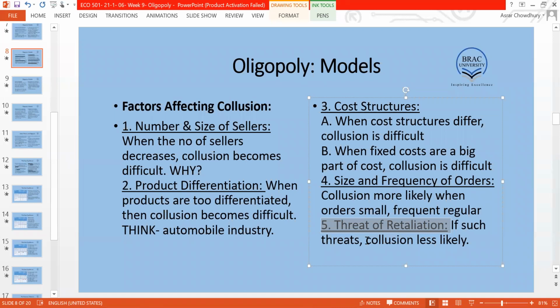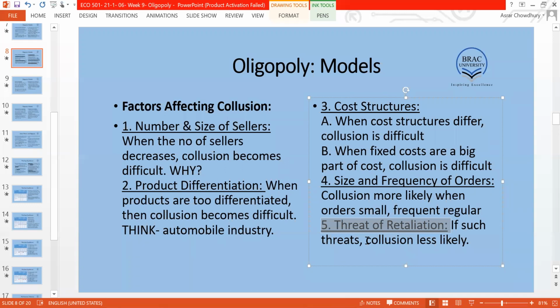If Daraz and Evaly decide to collude, both are very big players on the market. So their orders are not small. Okay? Don't you think that one of the two can retaliate? Sir, I didn't understand the point, please say it once more. Okay, the condition here is collusion is more likely when orders are small.